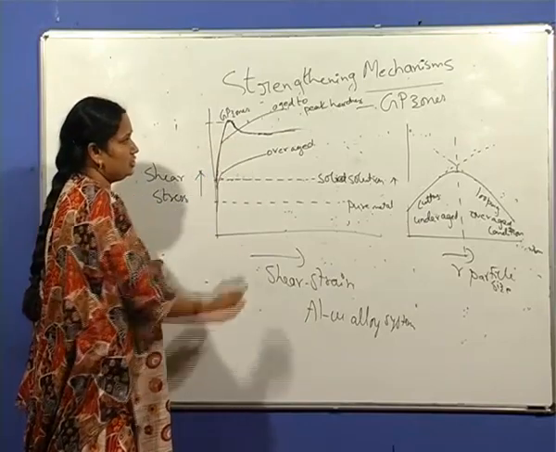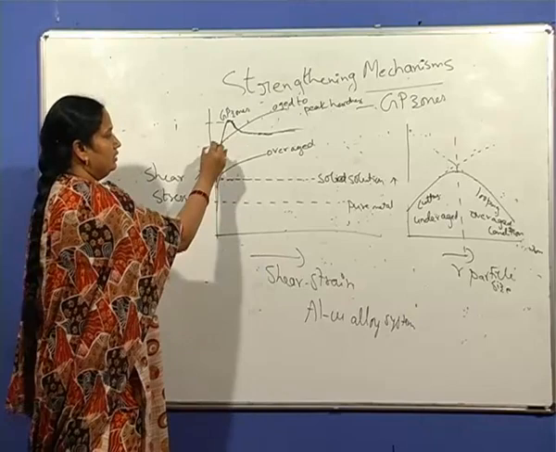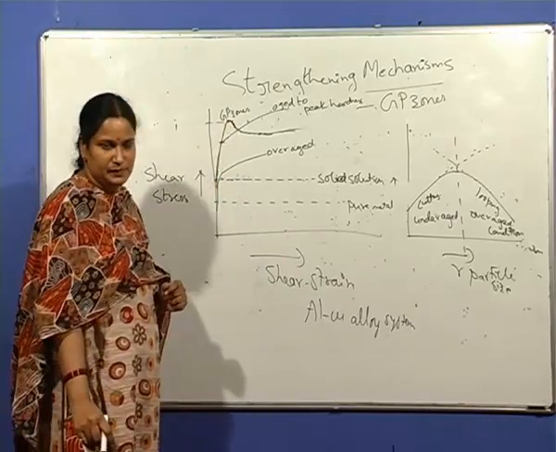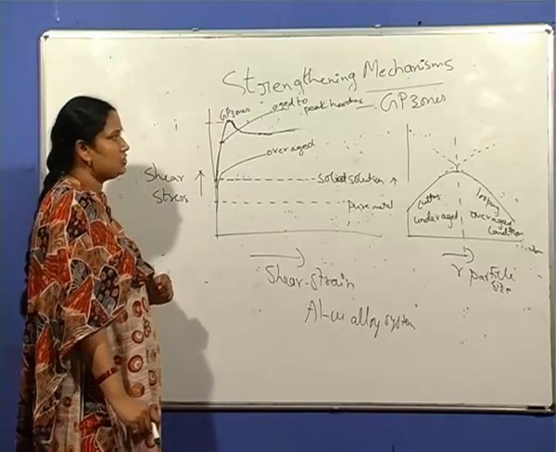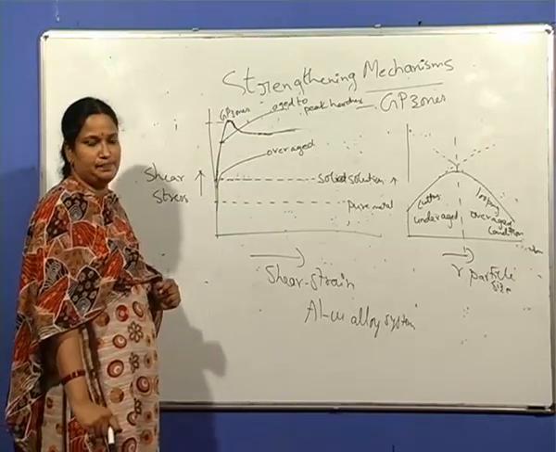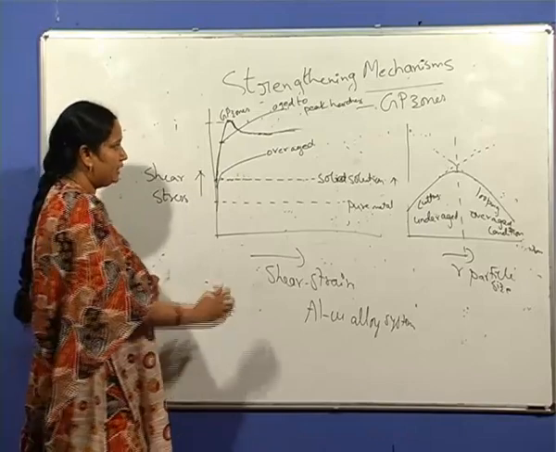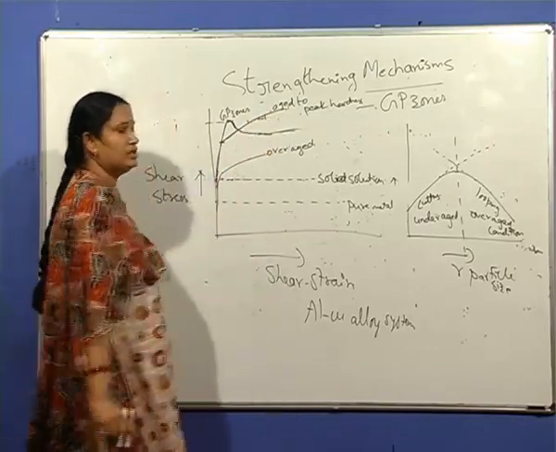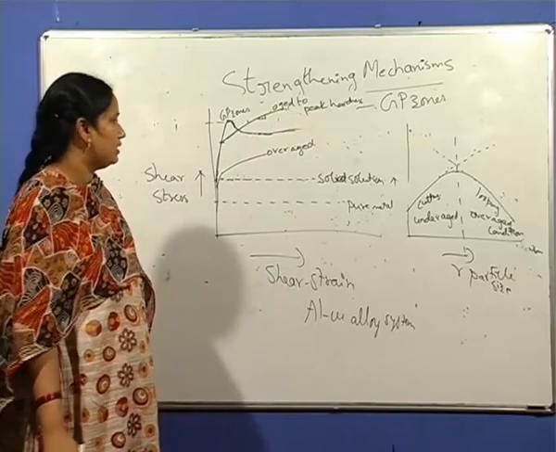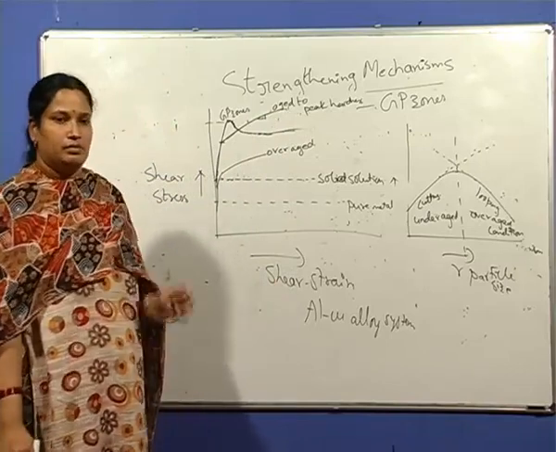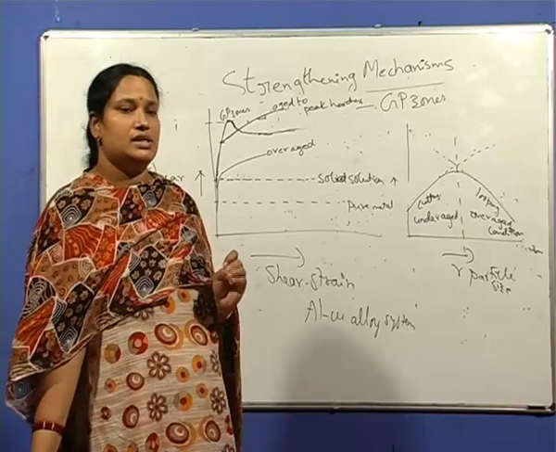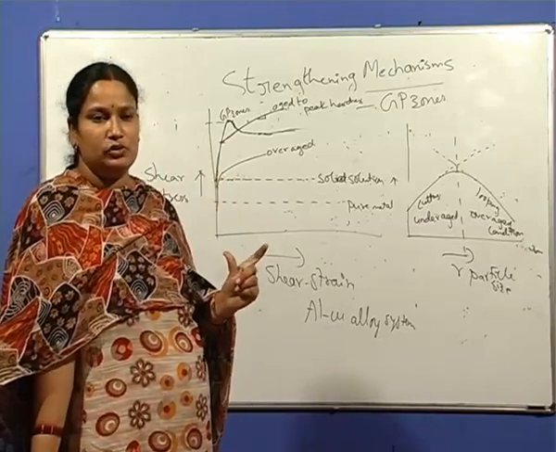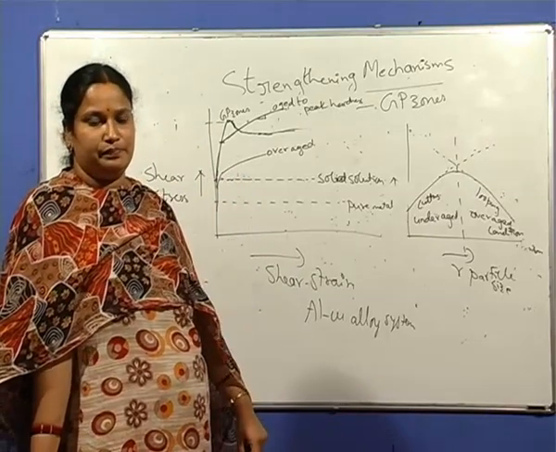And when it is aged to peak hardness, the yield strength is slightly lower than that of the GP zones because of the looping mechanism, but the rate of strain hardening is high. That is, the slope of the curve is high. The rate of strain hardening is higher for the looping mechanism when compared to the cutting mechanism.